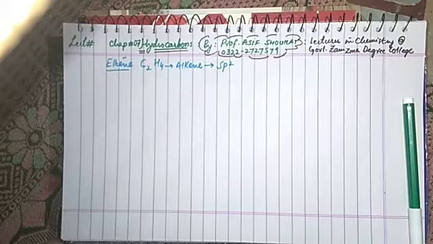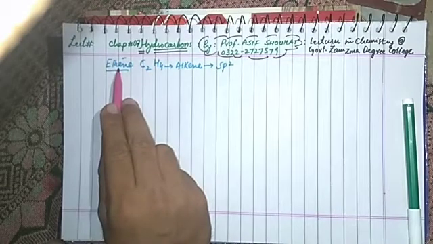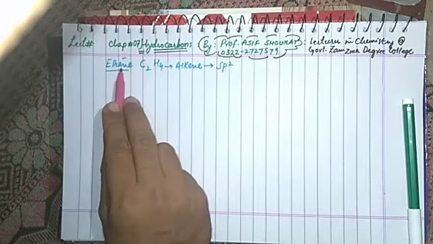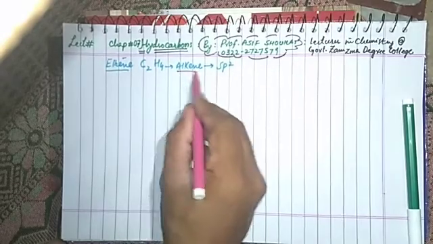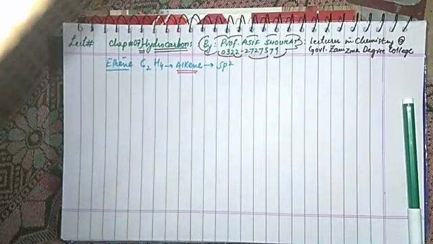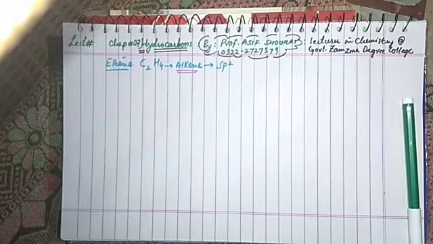Students, you just capture this information that we are going to find hybrid orbital structure of ethene. We identified it as a member of alkene family, which tells you that carbon in ethene molecule will be sp2 hybridized.